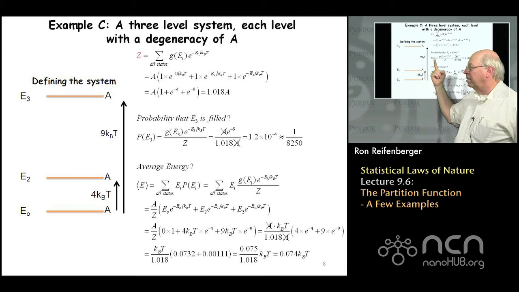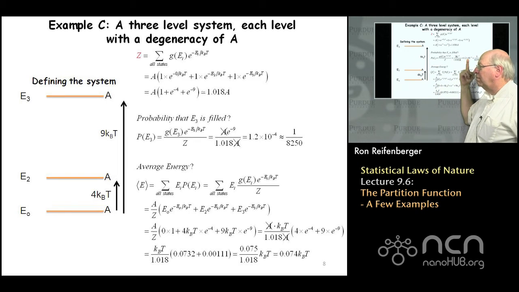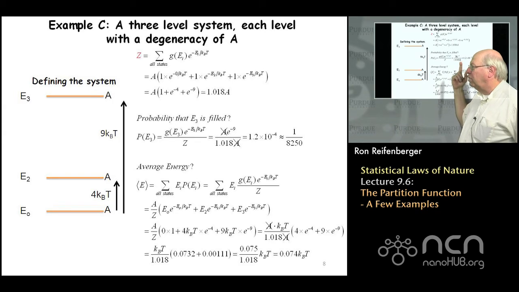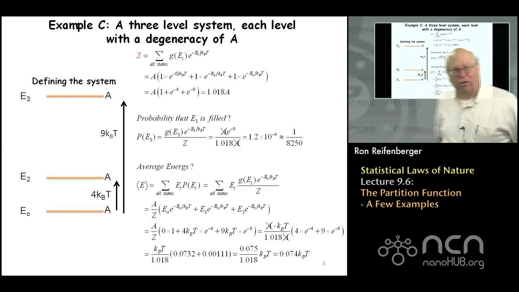The probability that the particle is in energy level E3 is 1.2 times 10 to the minus 4. You can see this degeneracy factor A cancels out because it appears both in Z, and it also appears when I have to insert a value for g of E. So 1.2 times 10 to the minus 4, that's about 1 in 8,250.